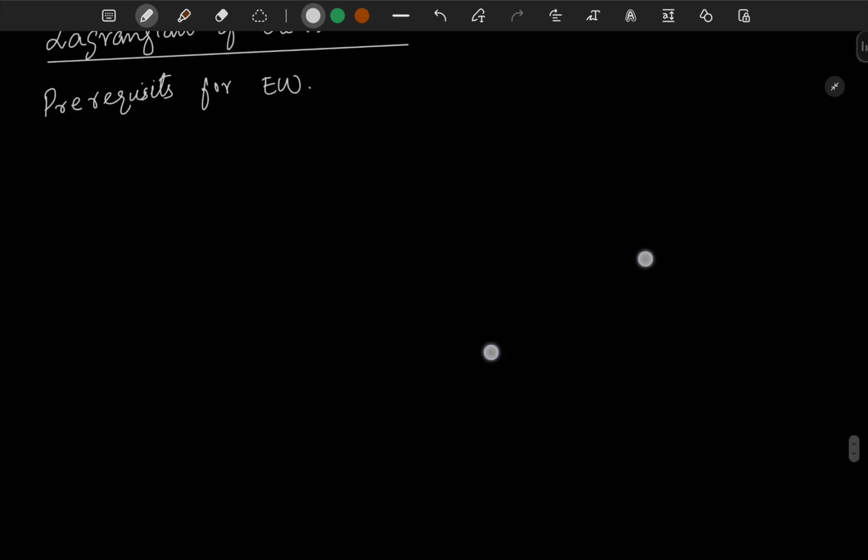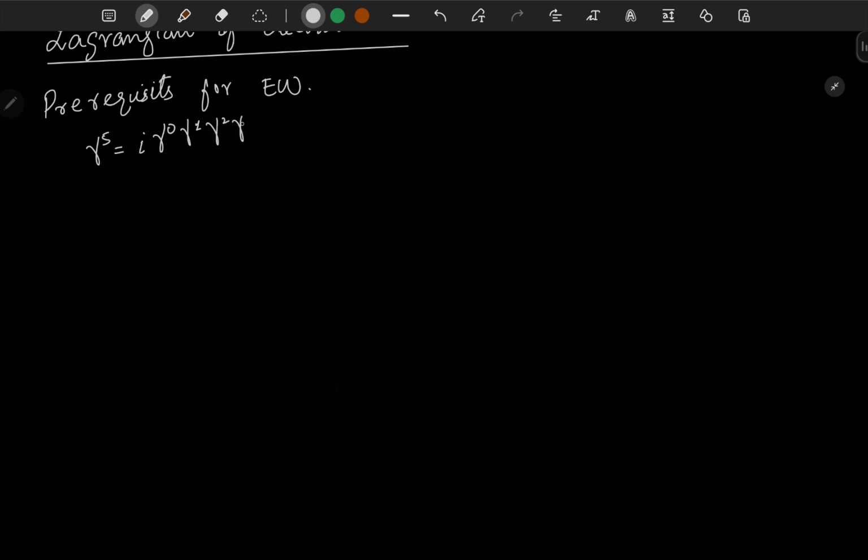So first of all, there is a gamma 5 matrix that we're going to use a lot. This is actually this thing right here. Gamma 0 is kind of a 4x4 unit matrix.